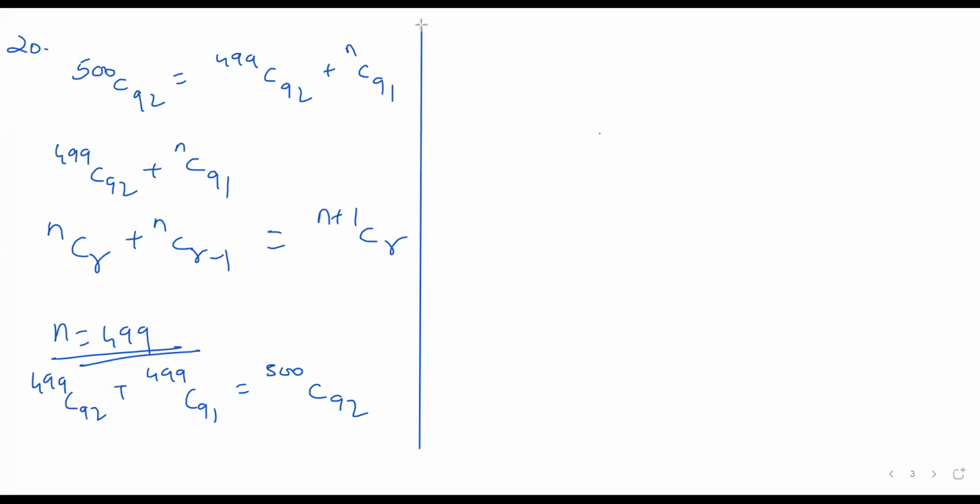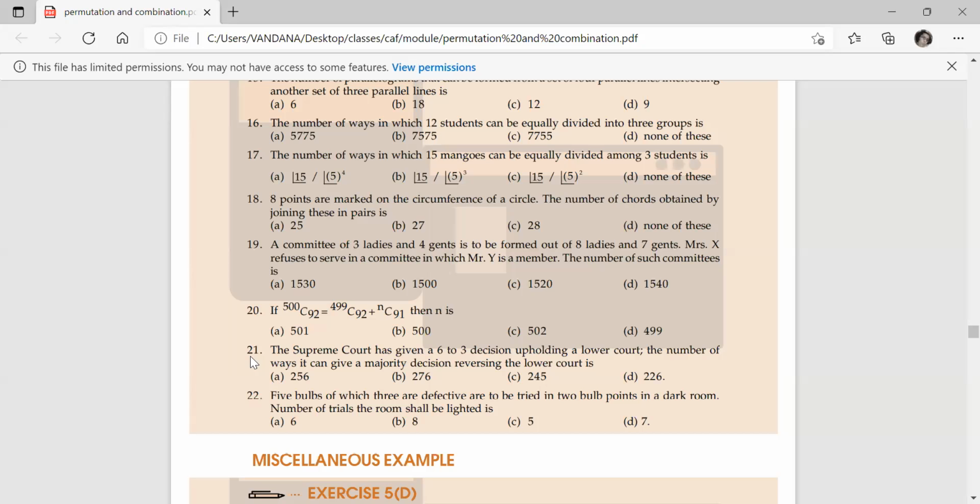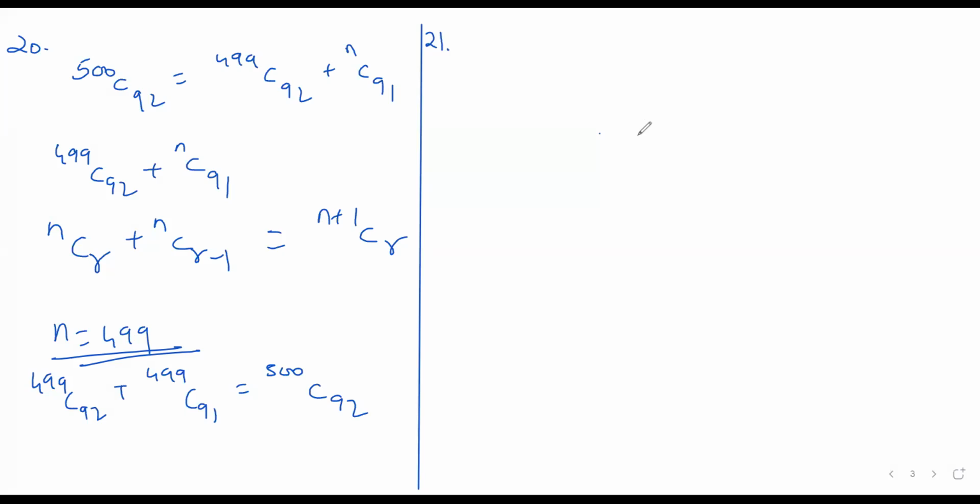Let us take 21. Supreme Court has given 6-3 decision upholding the lower court. The number of ways in which it can give a majority decision reversing the lower court. Supreme Court ने 6-3 decision upholding the lower court बोला है.